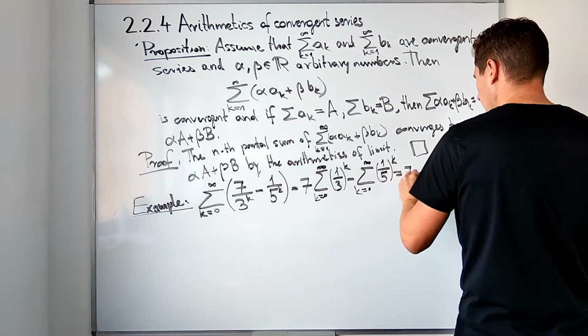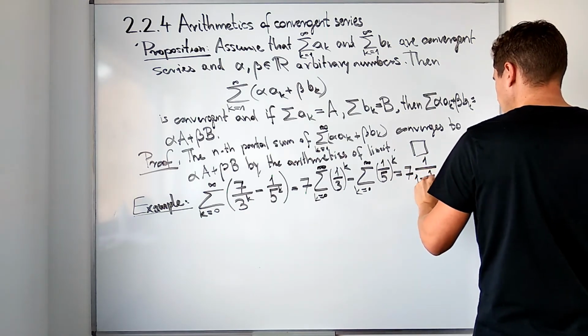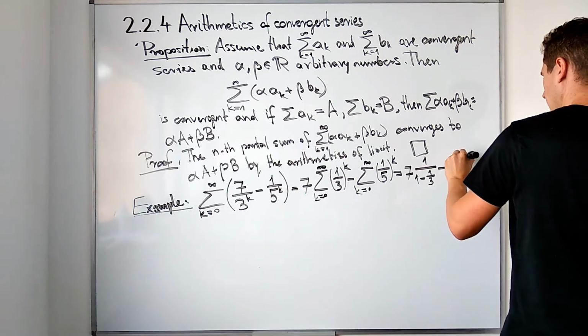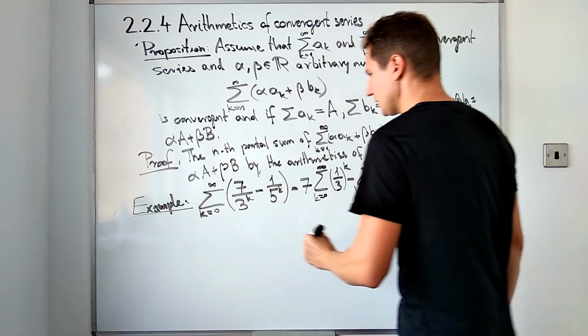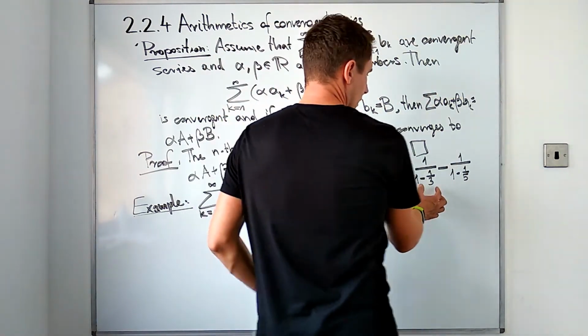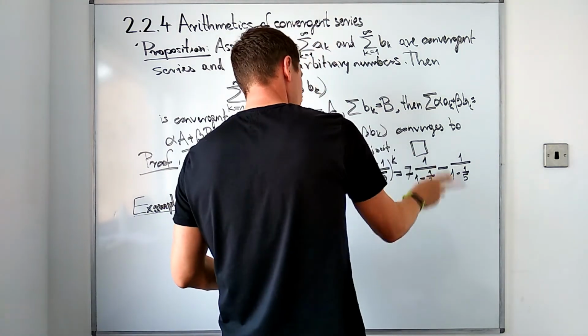So it's 7 times 1 divided by 1 minus 1/3 minus 1 divided by 1 minus 1/5. Okay, so here we have 2/3 in the denominator, which is 3 halves if we flip it around.